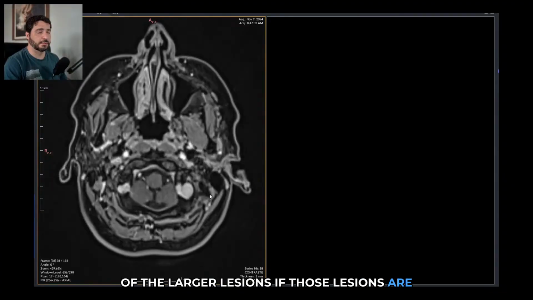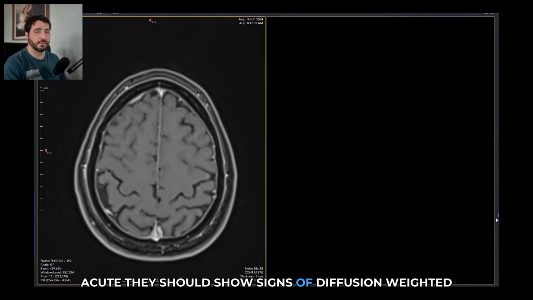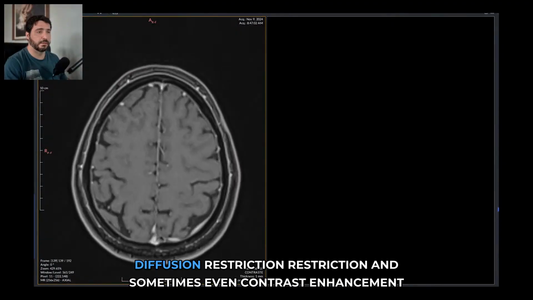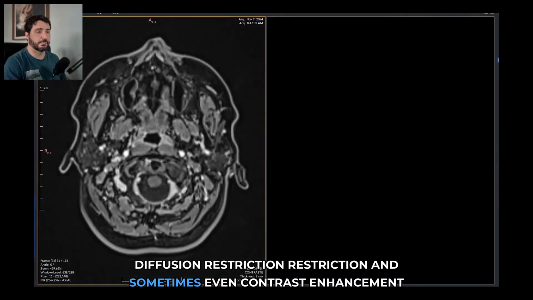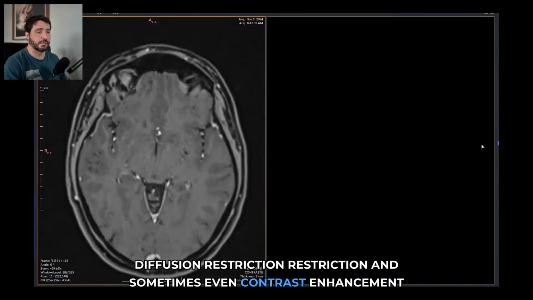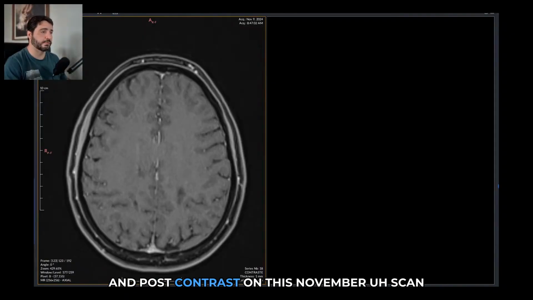If those lesions are acute, they should show signs of diffusion restriction, and sometimes even contrast enhancement. So we have two volumetric acquisitions, both FLAIR and post-contrast, on this November scan.